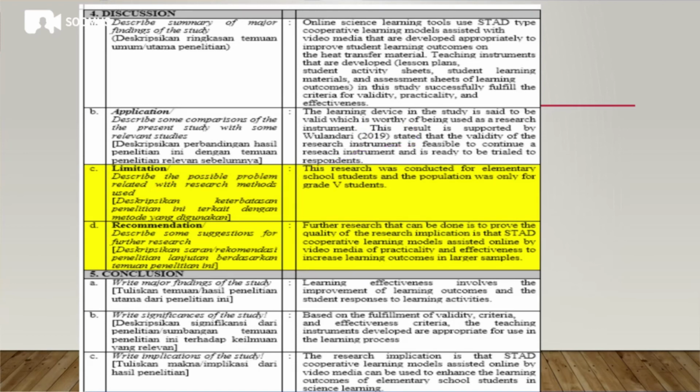Next limitation, describe the possible problem related with research method used. This research was conducted for elementary school students and the population was only for grade 5 students. So this research is limited only for a small population of students. Then recommendation.